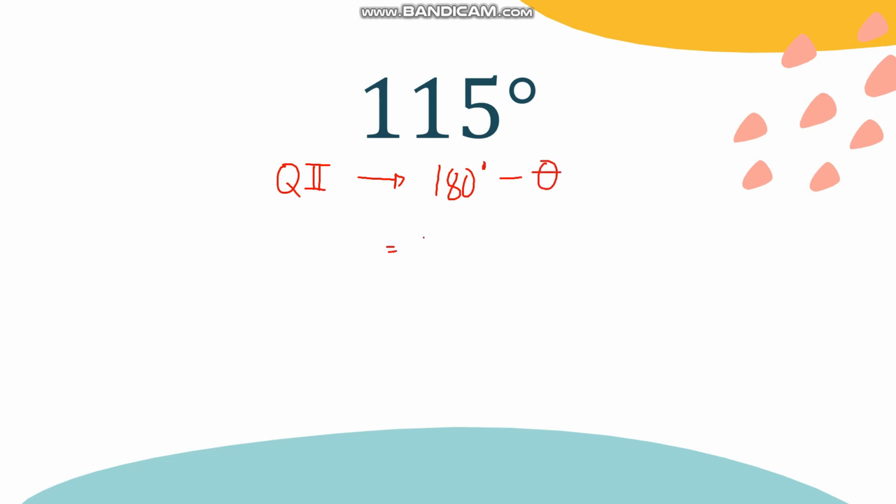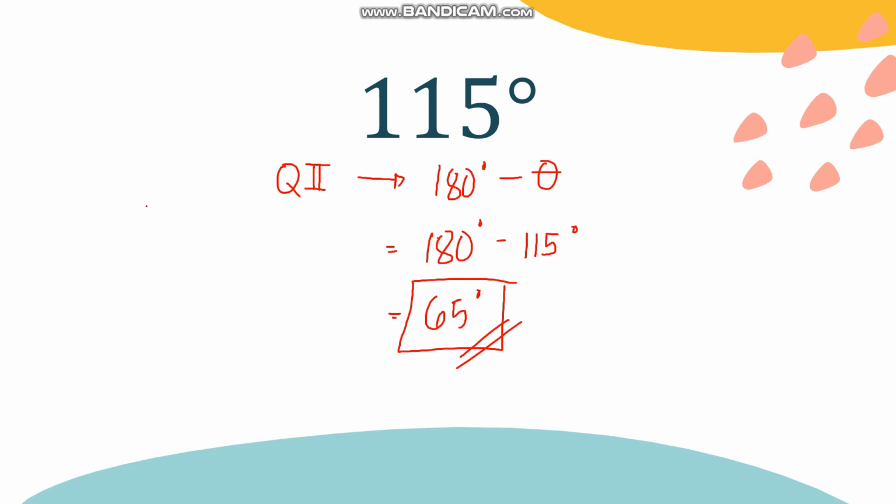So what we will do here is subtract 115 from 180 degrees. If we do that, we will get 65 degrees as the answer. So 65 degrees is the reference angle of 115 degrees.